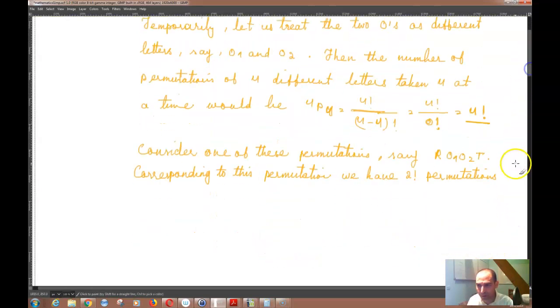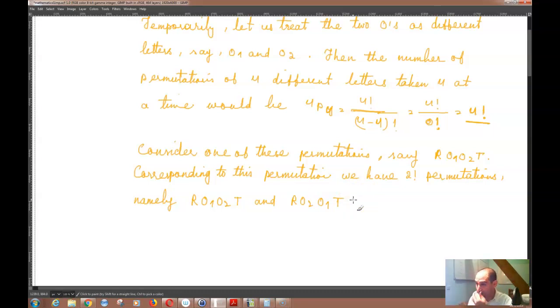Basically, namely R O1 O2 T and R O2 O1 T, right?